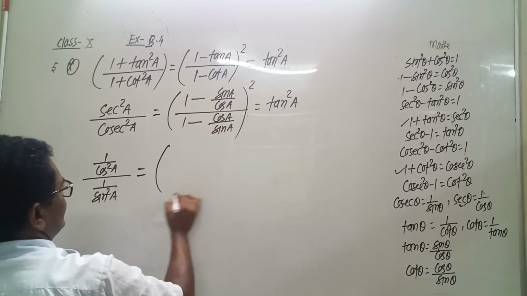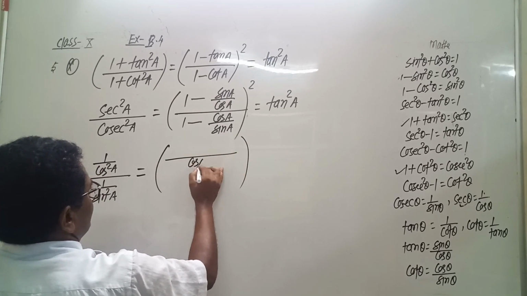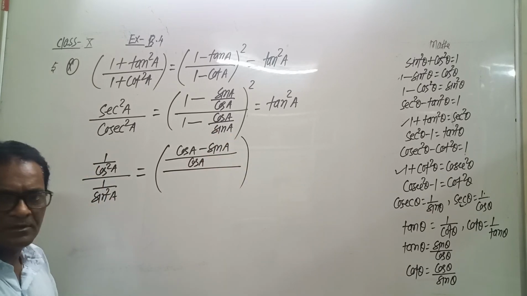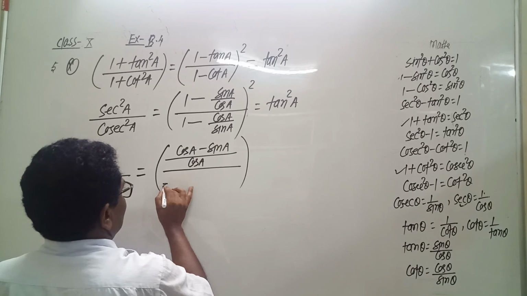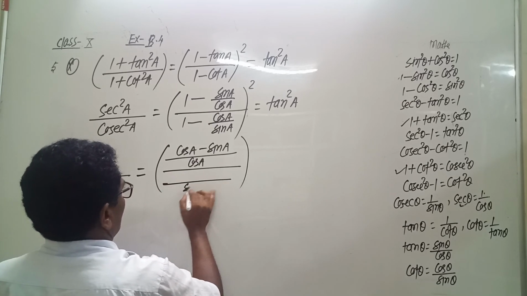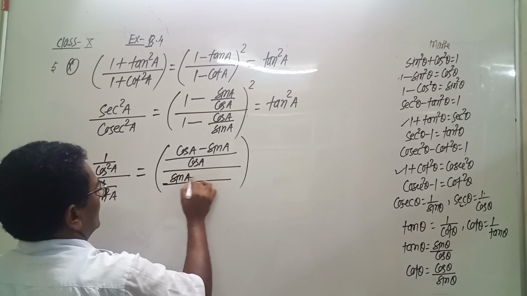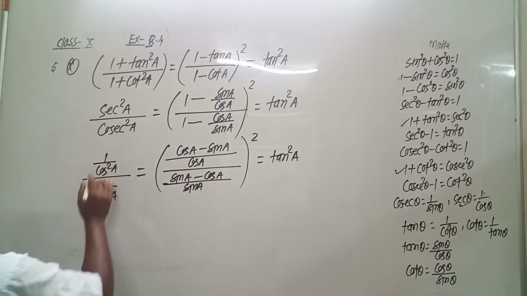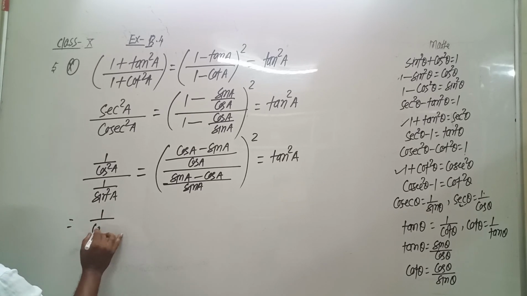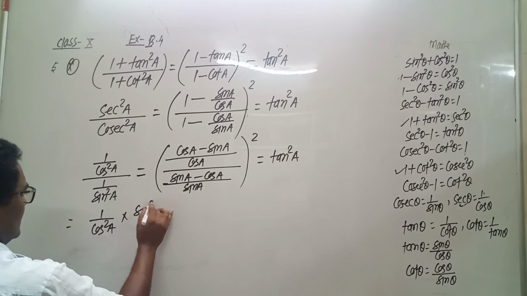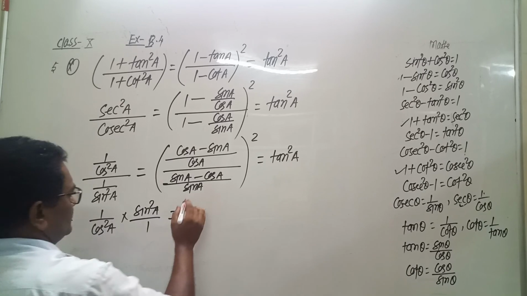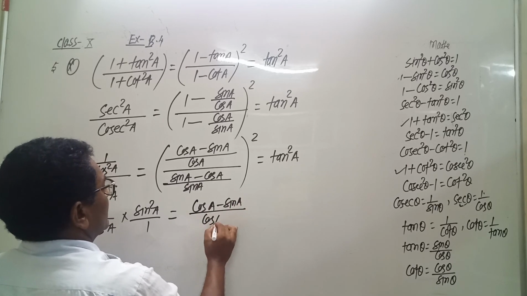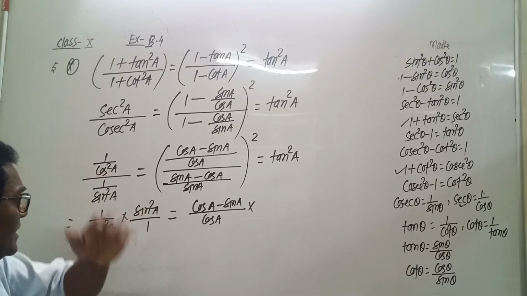Sec theta is 1 by cos theta and cosec theta is 1 by sin theta. Equals, we take the LCM. So cos A is the LCM and it gives cos A minus sin A. And from here there is also LCM sin A, which gives sin A minus cos A, the whole square, equals tan square A. This would be written in multiplication form, 1 by cos square A into sin square A upon 1, equals cos A minus sin A upon cos A, into this sin A, it becomes reciprocal.